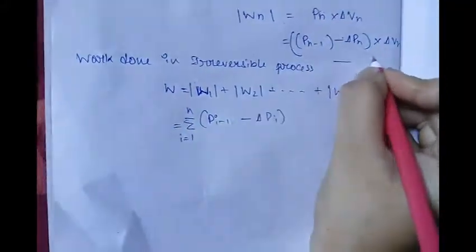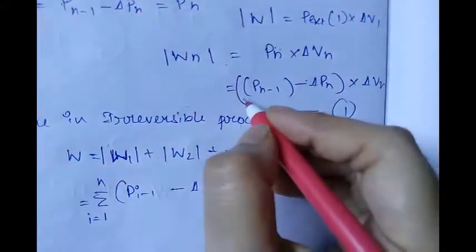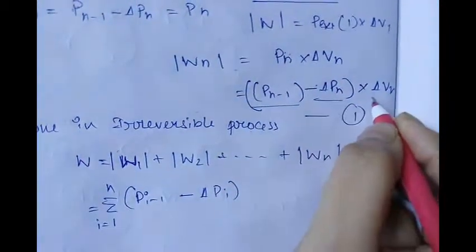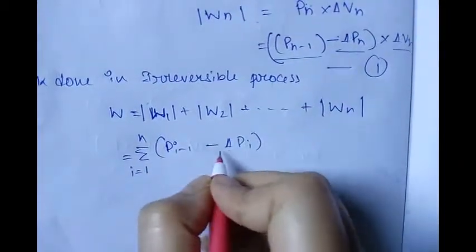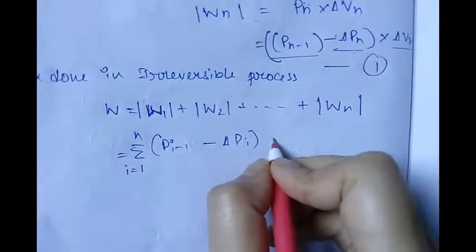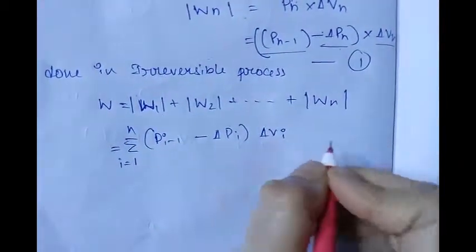From equation 1 we can write Pn minus 1 minus delta Pn into delta Vn, and n is replaced by i, so (Pi minus 1 minus delta Pi) into delta Vi. That is the work done in irreversible process.